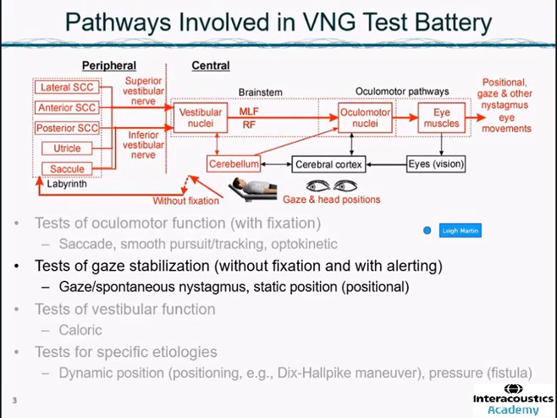What that means is that when we're testing gaze, looking for spontaneous nystagmus and similar types of nystagmus, if you are testing without fixation, both peripheral and central pathways are involved in this test, and generally the outcome is a non-localizing finding.